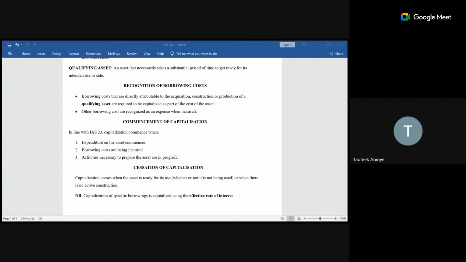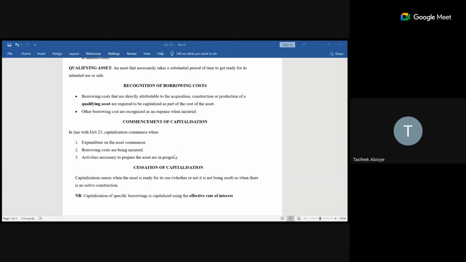The use of the machinery is going to take a period of time, so there will be testing and installation. Because you went to collect a loan, it's not that you capitalize all the borrowing costs from beginning to end.